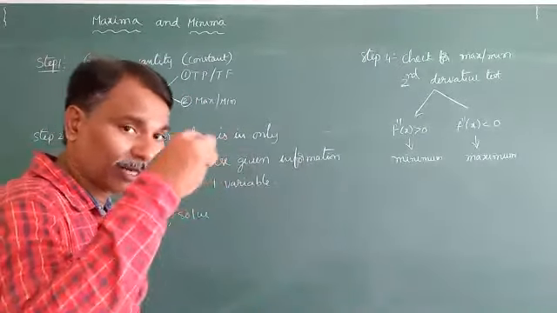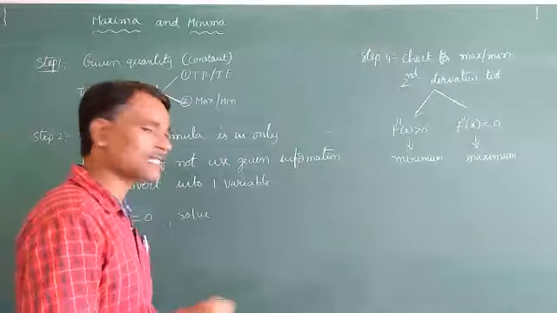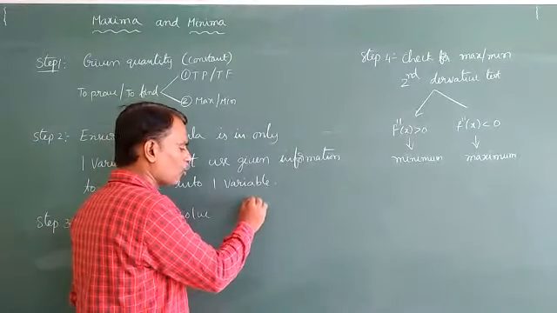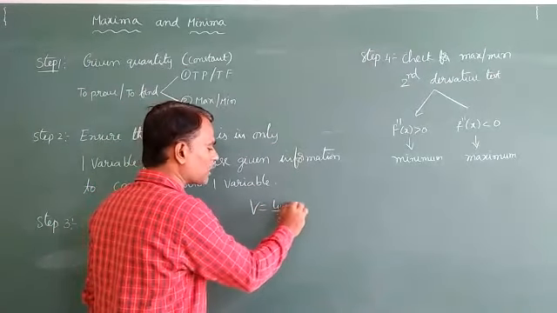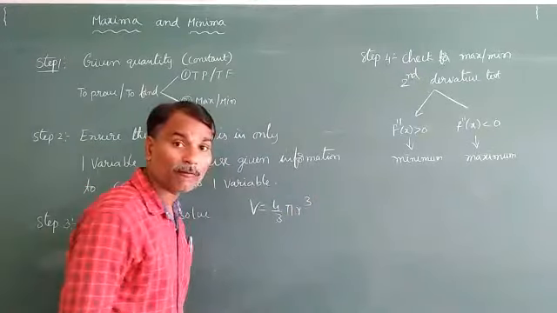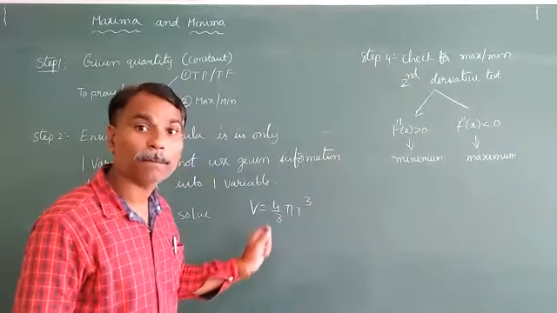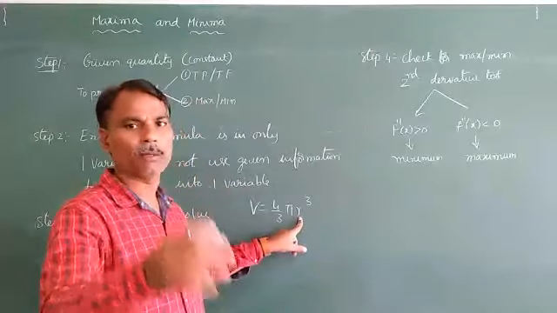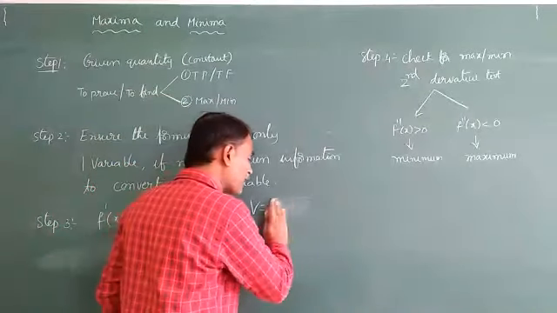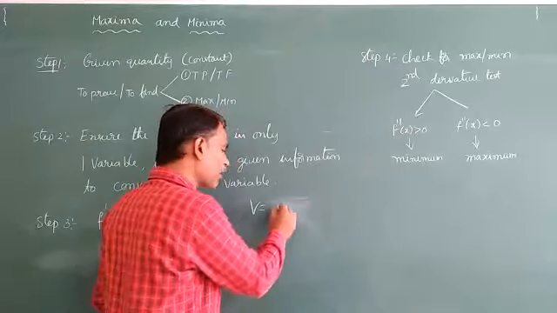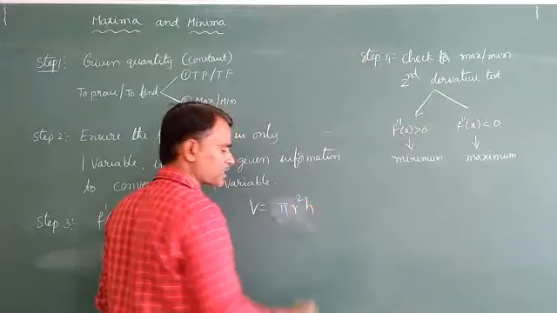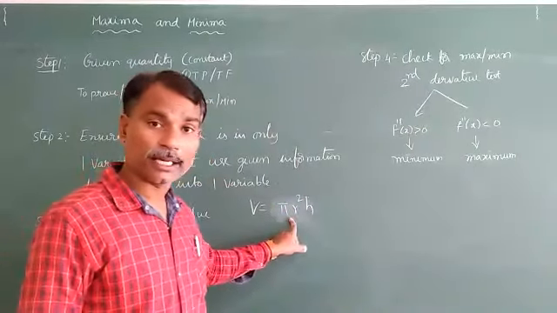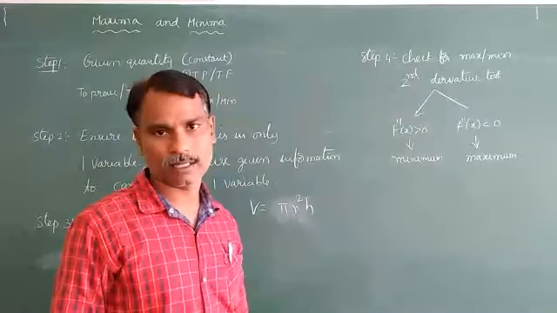Suppose the volume of a sphere is 4/3 pi r cube. Here r is the only variable, no problem. But the volume of a cylinder is pi r square h, and in this formula two variables are there.